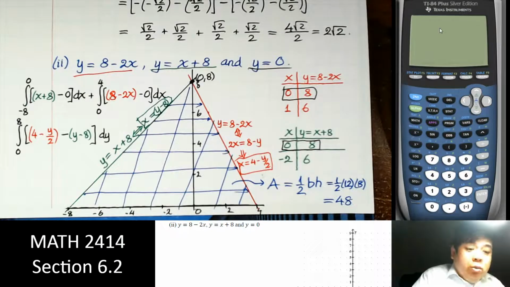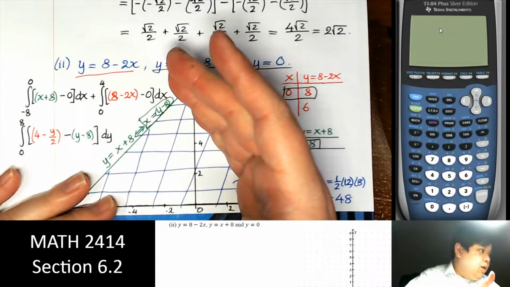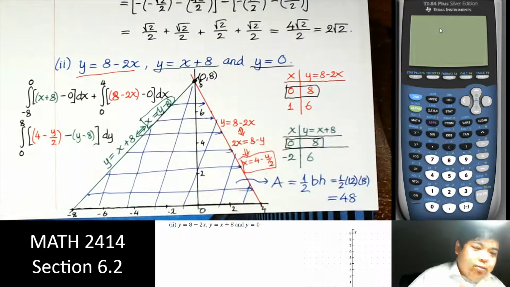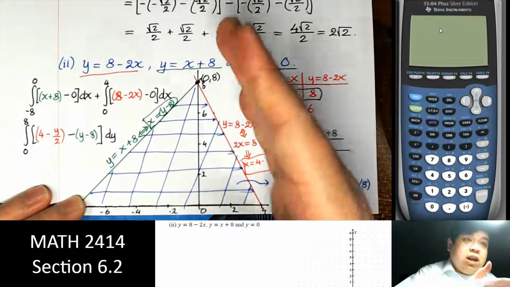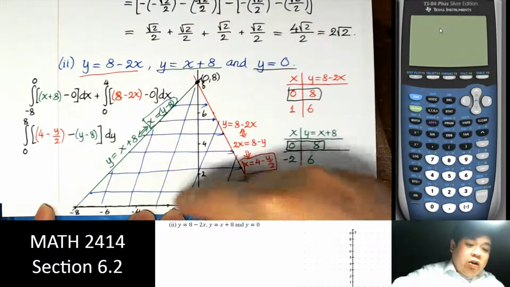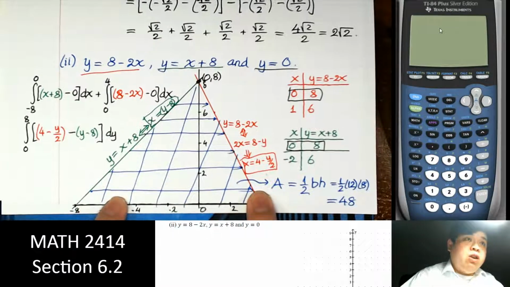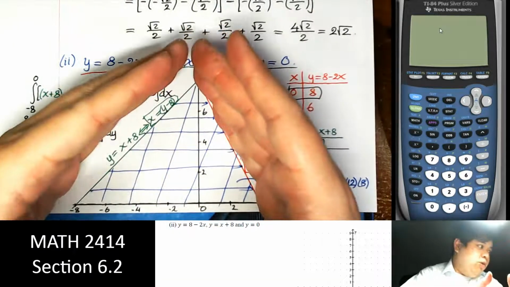The reason we know the bigger function is because it is on the right. I assume that you're talking about the y values. The reason we know this one is the bigger function is because that is on the right. Just like on the x-axis, the bigger values are on the right, the smaller values on the left. So it's the bigger function minus the smaller function.